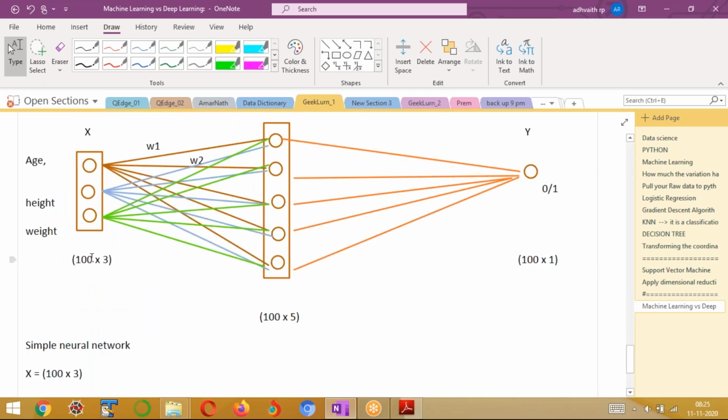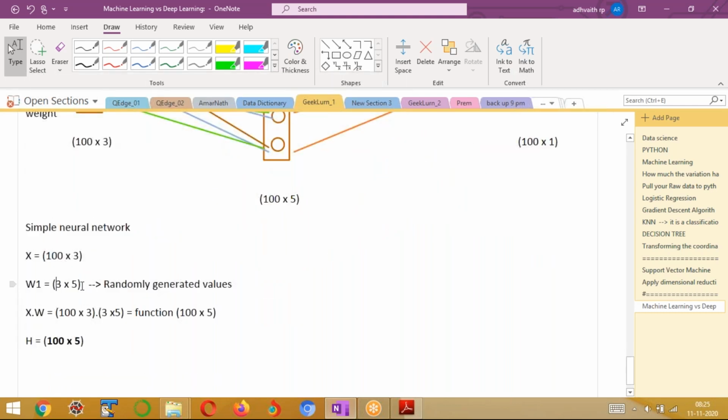Like that, for all 100 rows, the values will be calculated with the W1 set. Is it clear? All 100 by 3 columns will be multiplied with 3 by 5 with a matrix order calculation, and the result values will be in the form of 100 by 5.